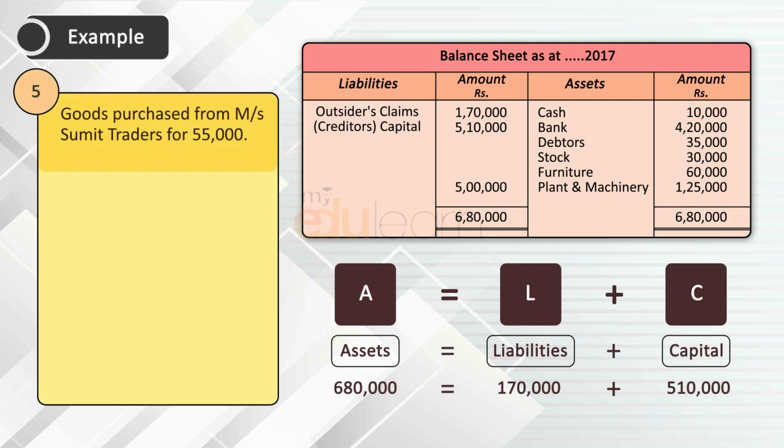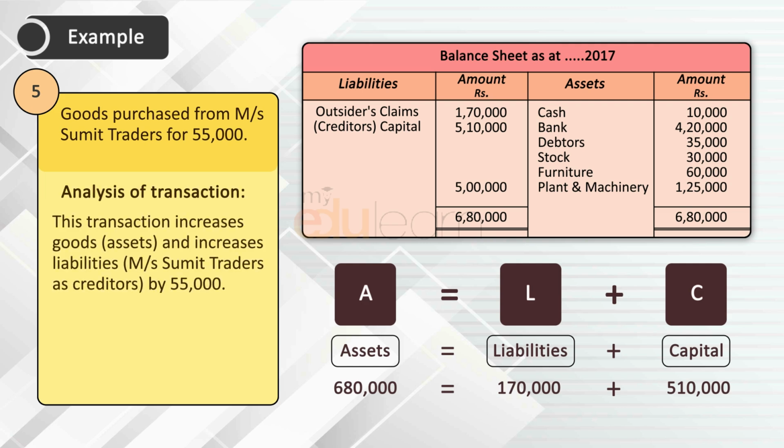Goods purchased from Sumit Traders for 55,000. Analysis of transaction: this transaction increases goods, assets and increases liabilities, Sumit Traders as creditors, by 55,000.